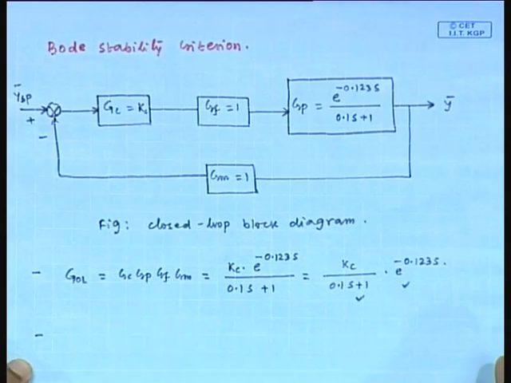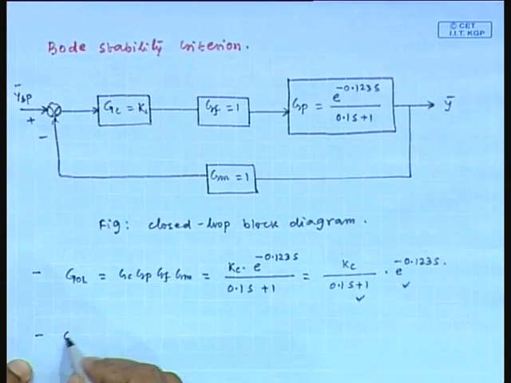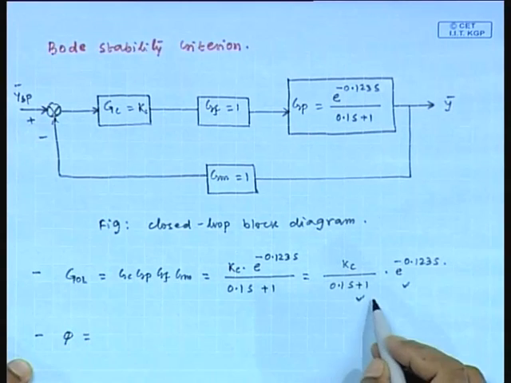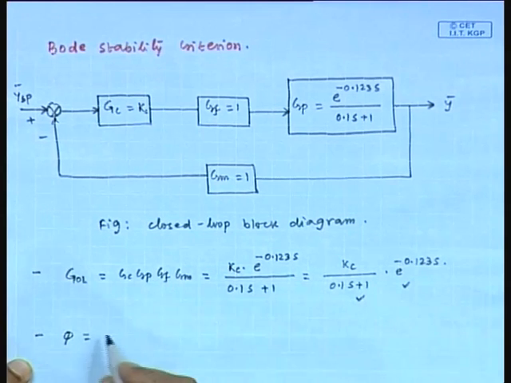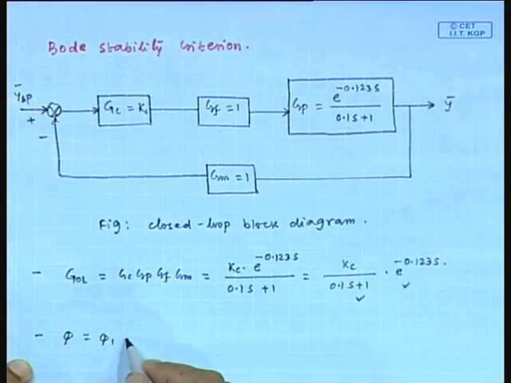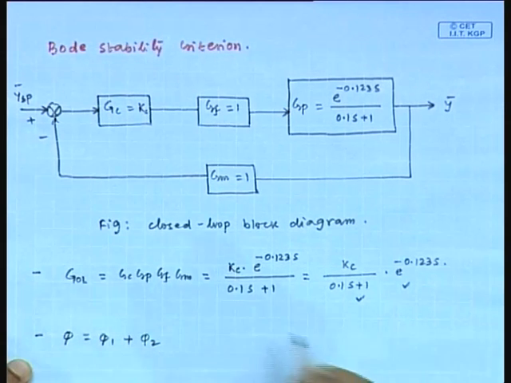In the next, we will try to find the expression for phase angle phi. So, if we consider first order system and dead time element, then we can write phi equals phi 1 plus phi 2.